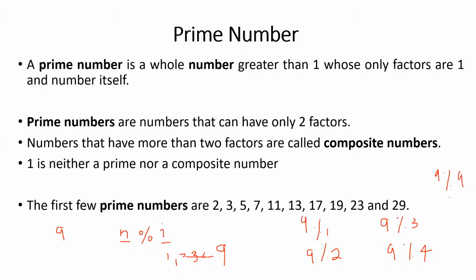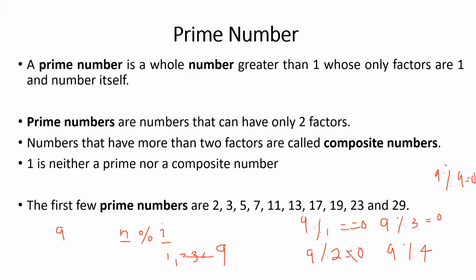So in this case, how many times will we get the remainder as 0? 9 mod 1 will give remainder 0. But 9 mod 2, the remainder is not equal to 0. But 9 mod 3 will give remainder 0, and 9 mod 9 will give remainder 0.